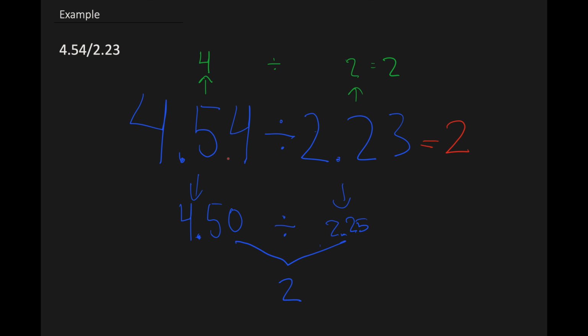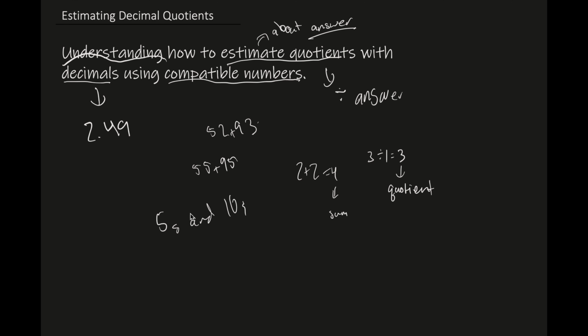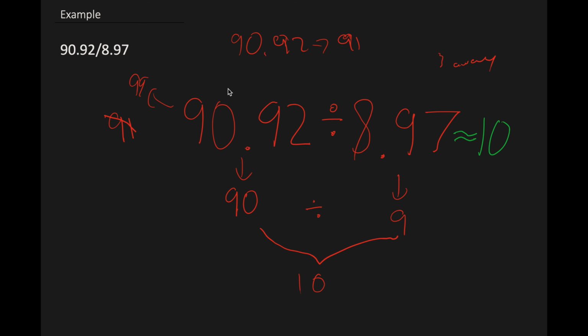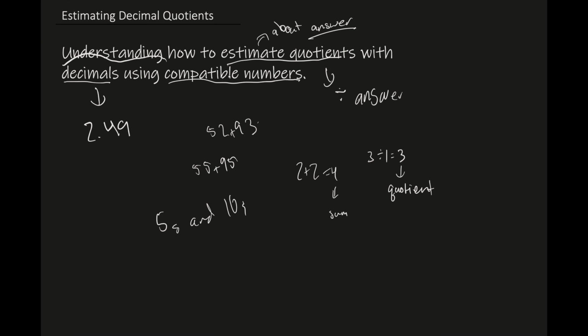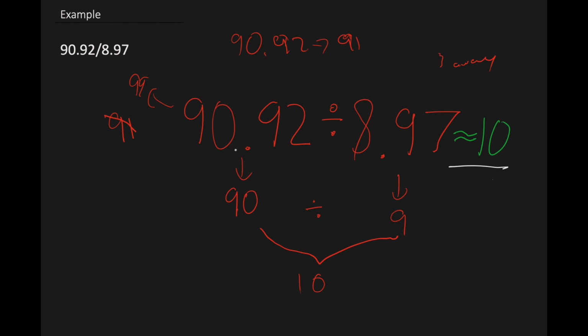So, let's do a quick summary here. What was our objective? It was understanding how to estimate quotients with decimals using compatible numbers. Did we do that? Well, let's see. In both the examples, we were able to estimate quotients. That's a quotient. That's a quotient. And yes, they were estimates. And with decimals, that's a decimal. That's a decimal.